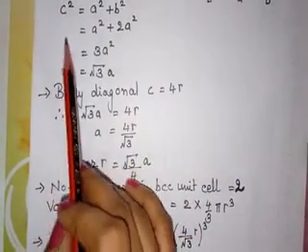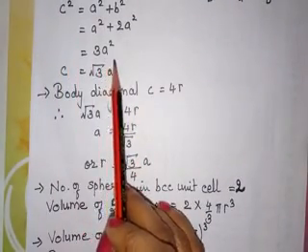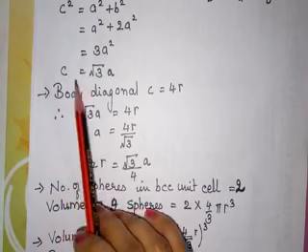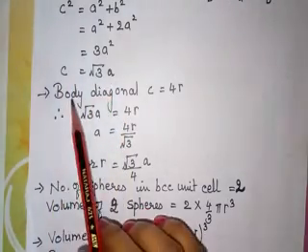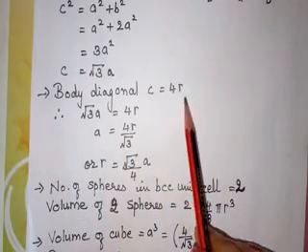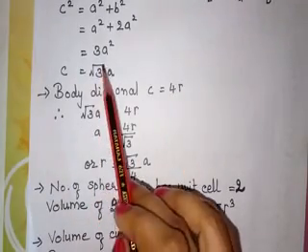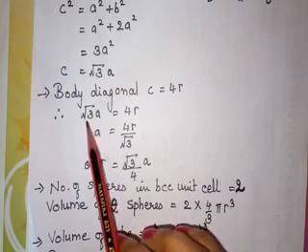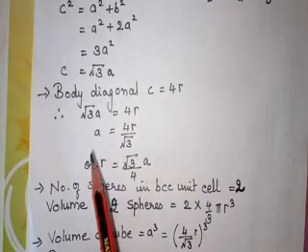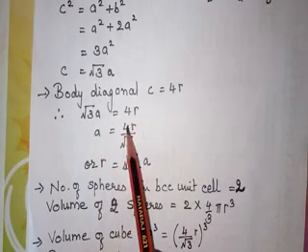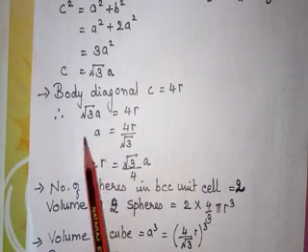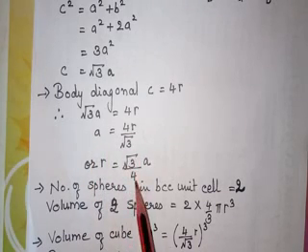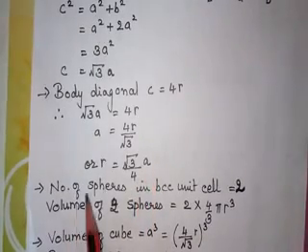Now we got c square is equal to 3a square, so c is equal to root 3 a. Now we already discussed body diagonal c is equal to 4r, so root 3 a is equal to 4r. We get a is equal to 4r upon root 3, or you can write r is equal to root 3 upon 4 a.